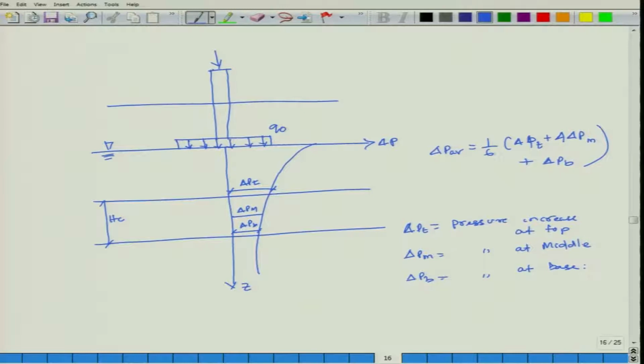So, you can calculate delta P average: if this is your clay layer for which you want to find the consolidation settlement, find the increase in stress at the top of the layer, at the middle of the layer, and at the bottom of the layer. Then delta P average is 1/6 of delta P top plus 4 delta PM plus delta P at the base.